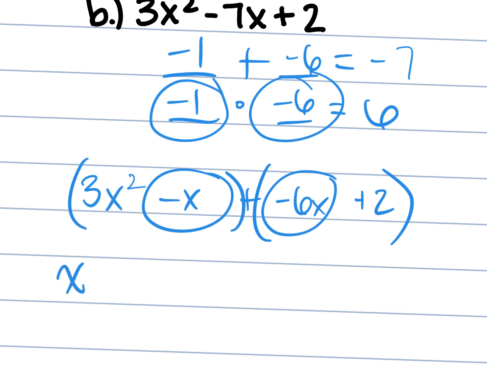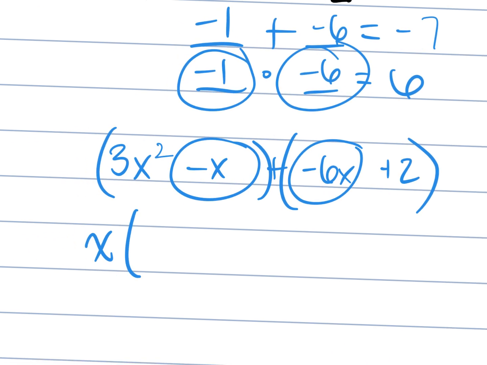So pull out an x. What's left over when you factor out an x? 3x, and -1. Why is it 1? I did pull out an x, and if there's one x here and you pull out an x, isn't there just a 1 left over?